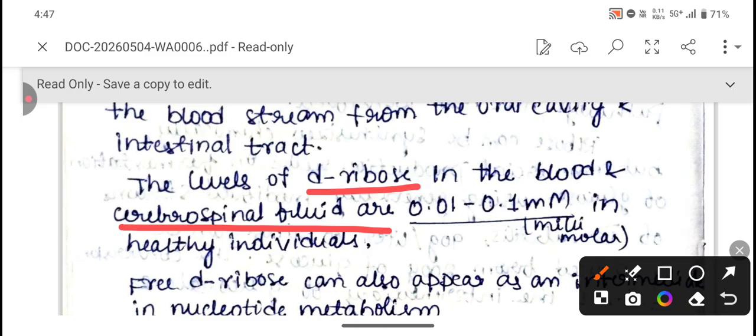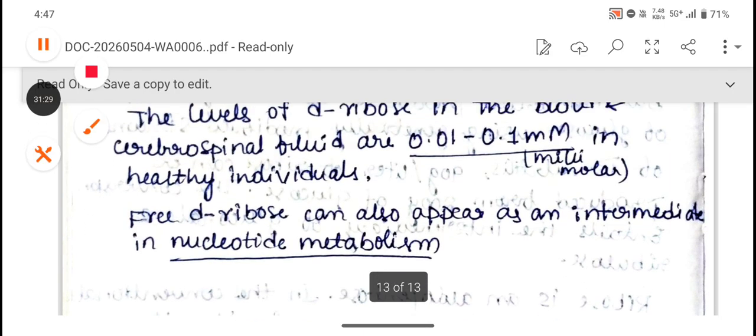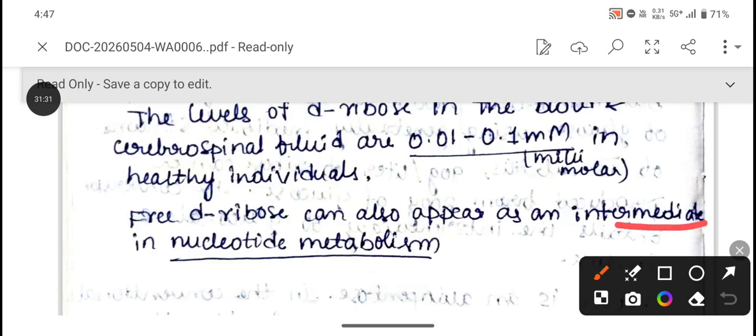Cerebrospinal fluid is the fluid found in the regions of the brain and spinal cord, which protects the central nervous system from mechanical shocks and damage. So in this cerebrospinal fluid, the composition of D-ribose can be noticed, which is 0.01 to 0.1 millimolar in healthy individuals. And free D-ribose can also appear as an intermediate in nucleotide metabolism.